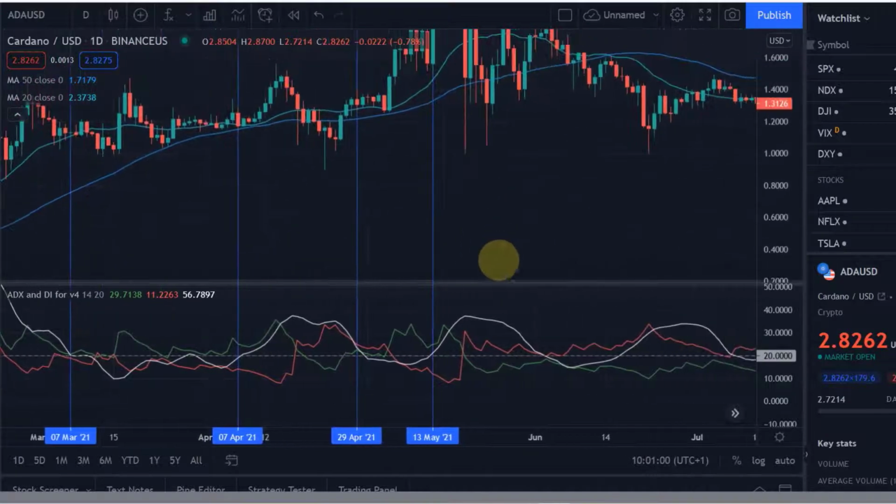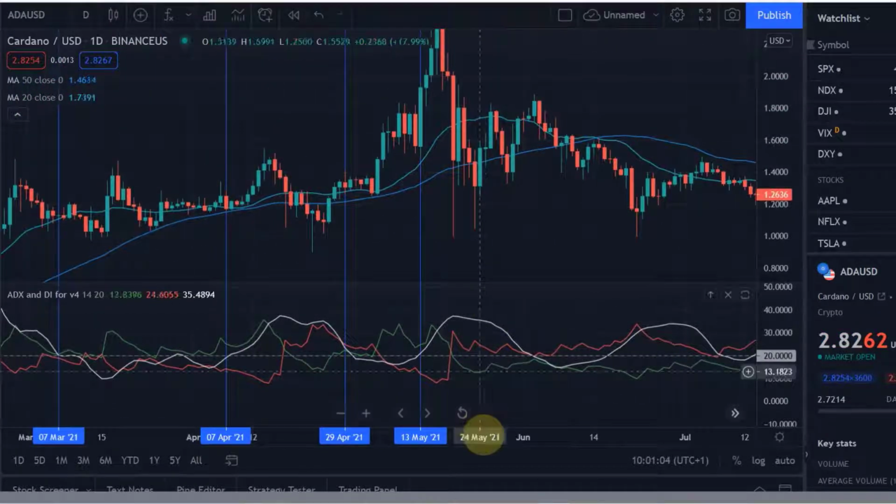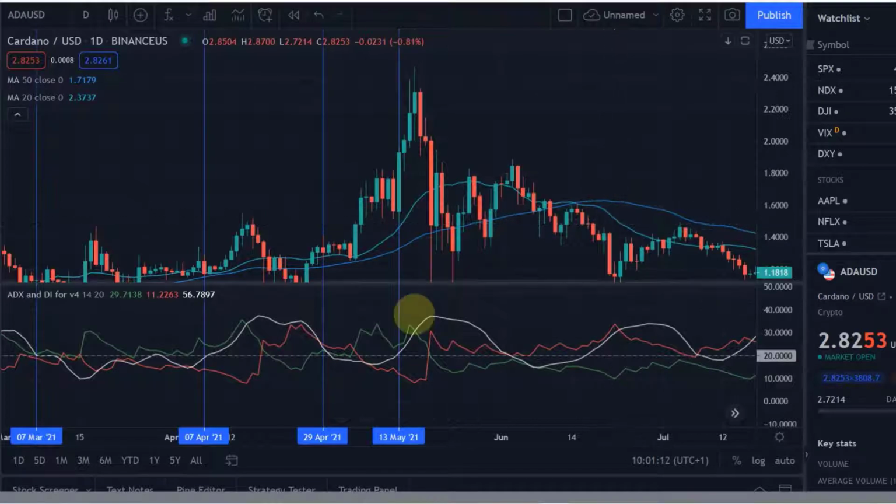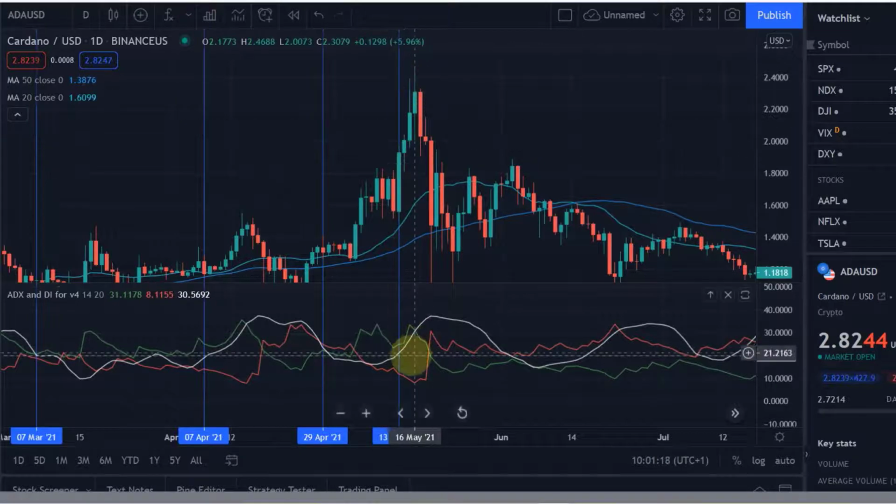Let's see if we can find an example of where the red line is crossing the green line, like here. So we saw here that already the ADX gave us an indication, before we had that price move up, that we were actually in a trending market, and at this point the green line was actually above the red line, so an uptrend.